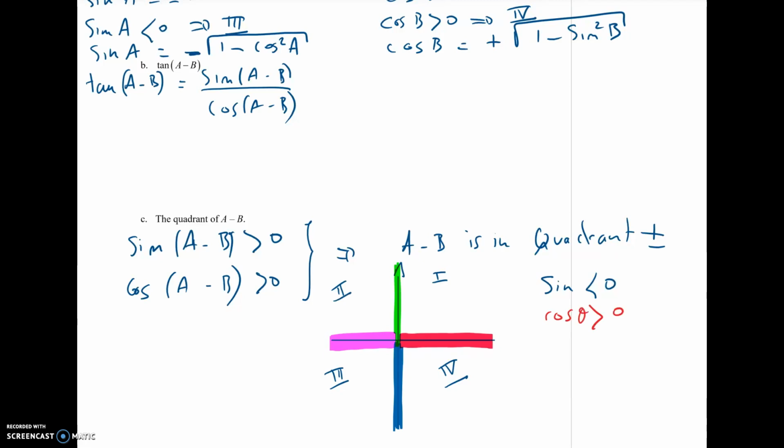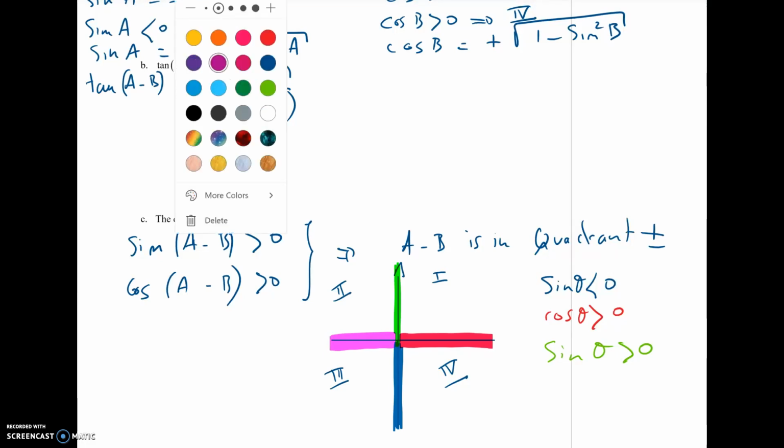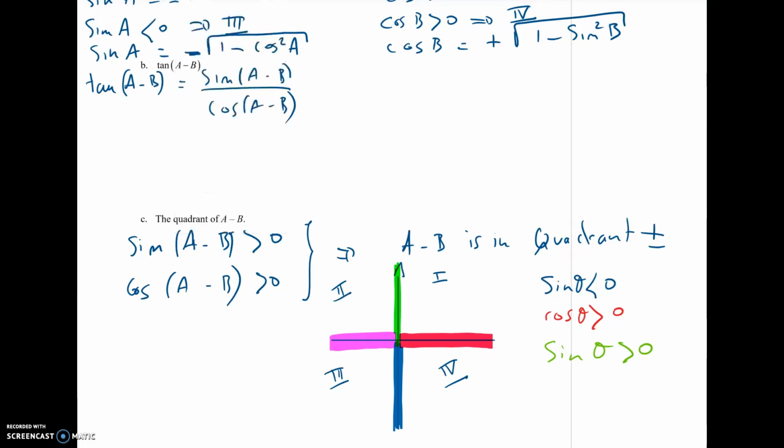Let's call that the angle theta. While in green I have the sine of the angle which is also positive, and in purple, so I hope I have the right color, but you will understand, I have the cosine of my angle, which is negative.